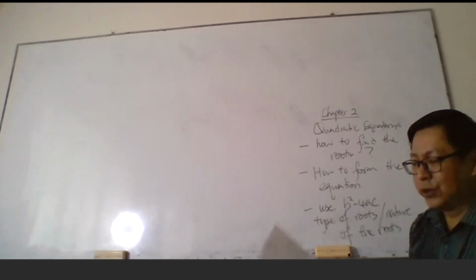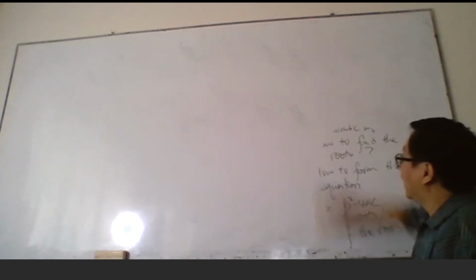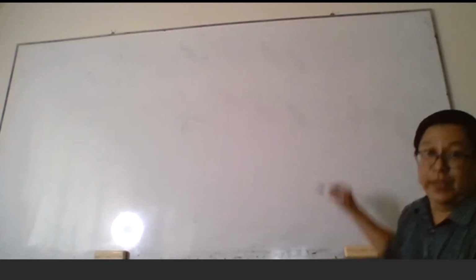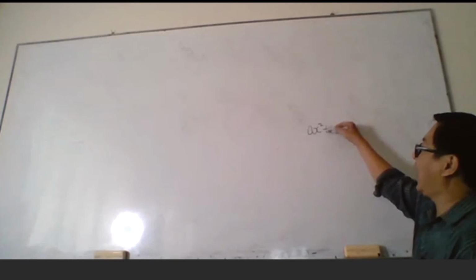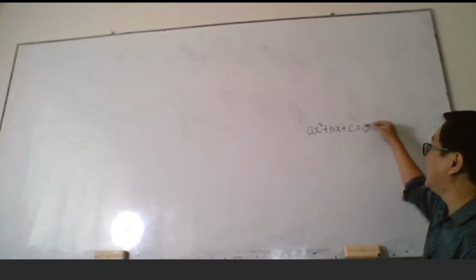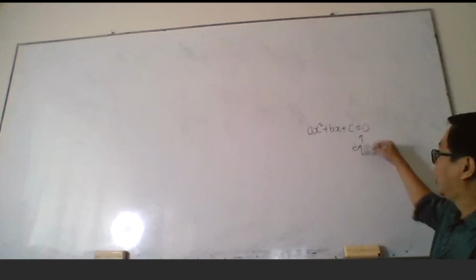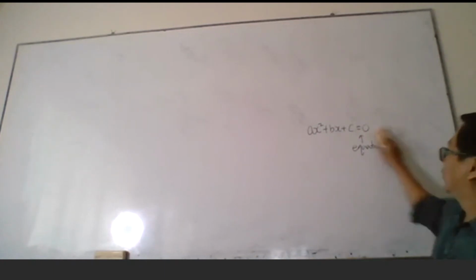Now we look at point number 1. First of all, we know that the general form of a quadratic equation is written as ax squared plus bx plus c equal to 0. When they put equal to 0, this is called an equation.